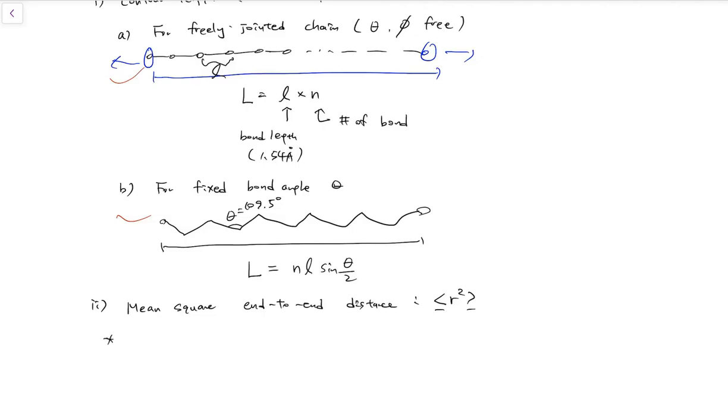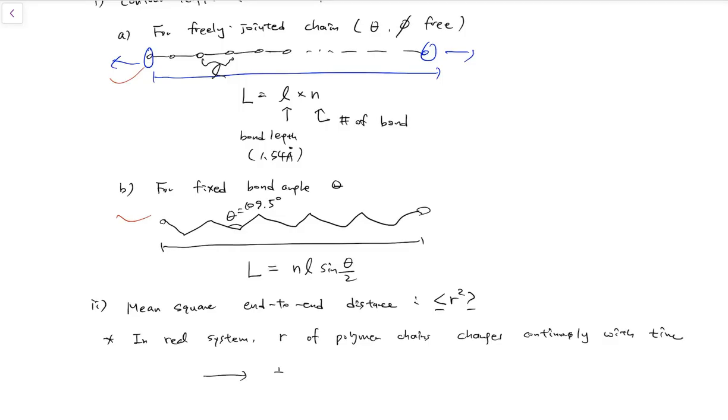Okay. The reason why is that in a real system, real polymer chain, the R, the end-to-end distance of polymer chains, changes continuously with time, right? Polymers are moving basically, right?